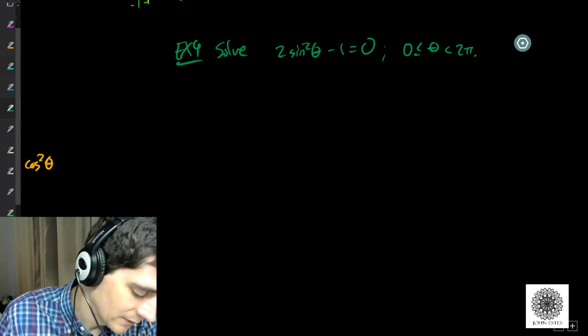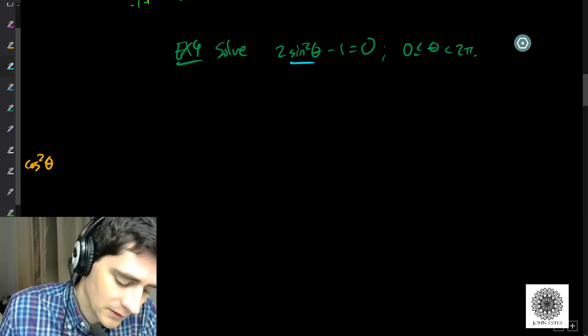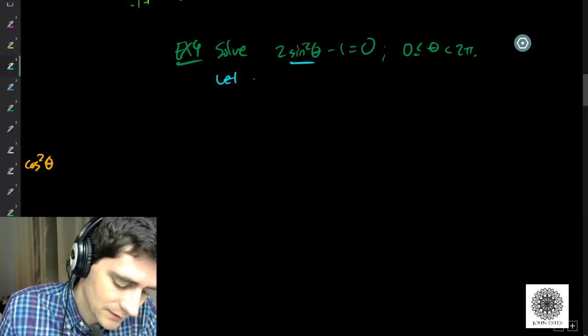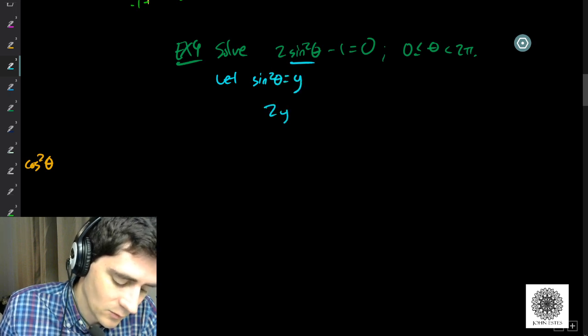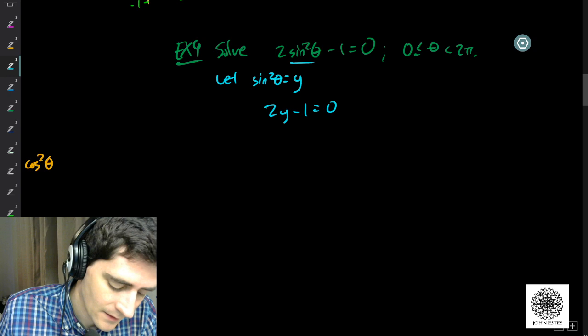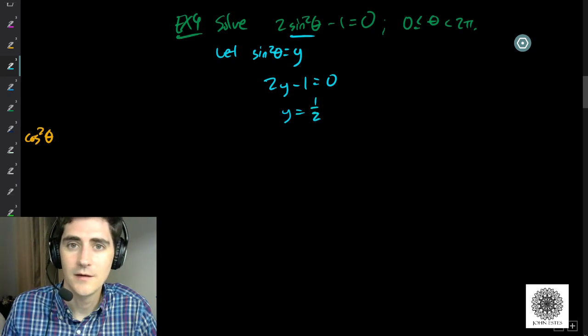Okay, now I'm going to do that same trick where I let sine squared be y. And so now I have 2y minus 1 equals 0, or y equals 1/2. Okay, so that's what I'm trying to figure out.